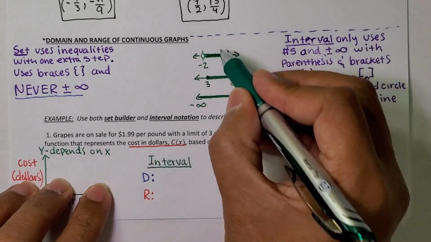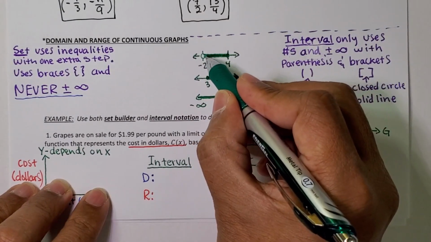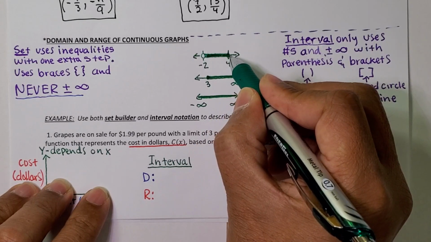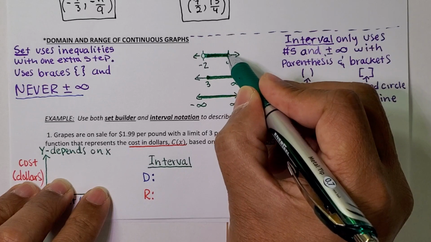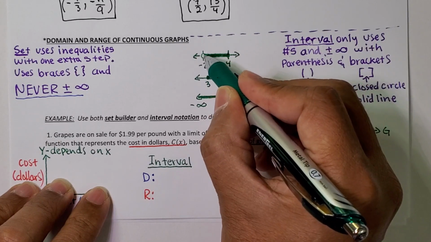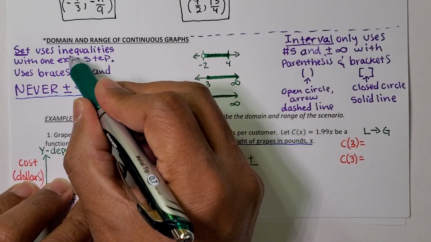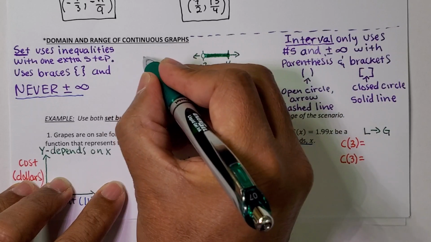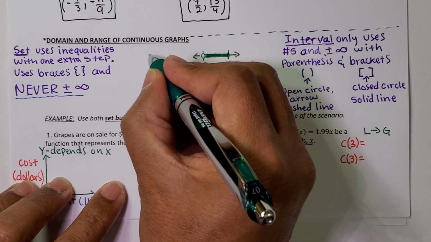So let's pay attention to this graph. We see that the shaded region goes from -2 to 4. Okay, so it doesn't go beyond 4, it stops right there. And also notice that this circle is closed, but this one is open. So I'm going to use inequalities, which is what you have seen in Algebra 1. I'm going to use G as my variable here.